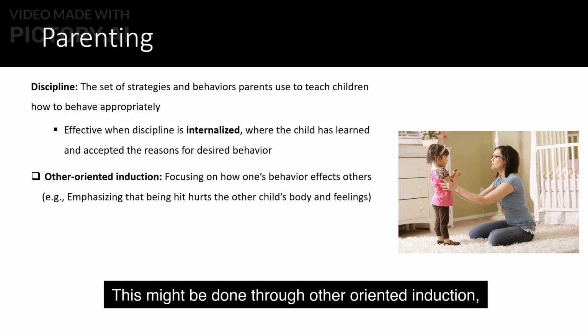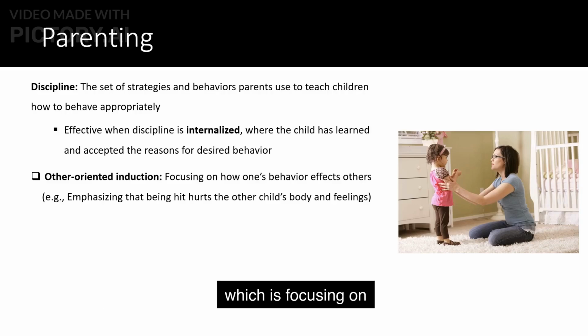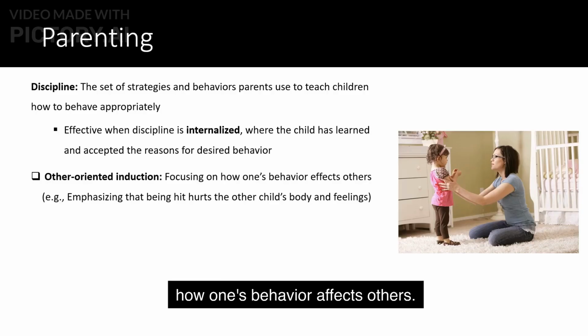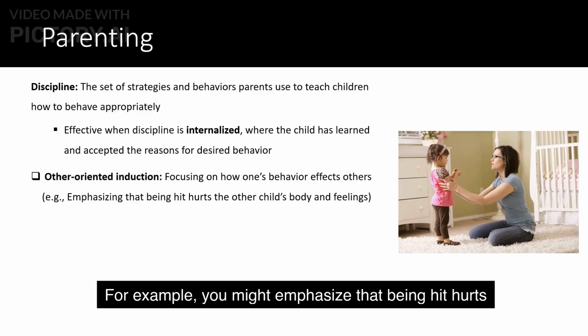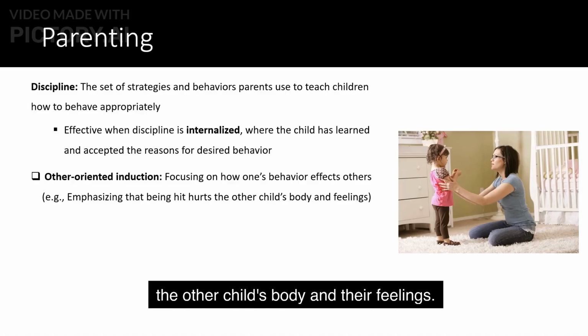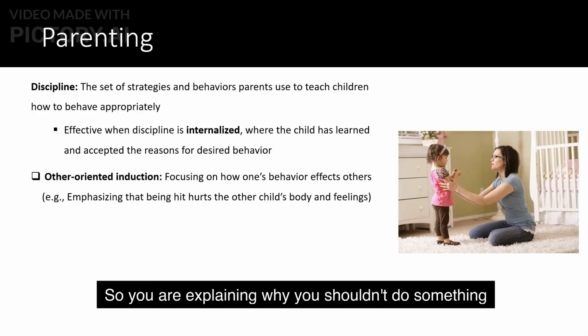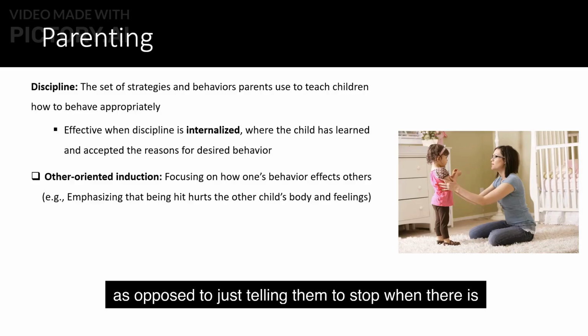This might be done through other-oriented induction, which is focusing on how one's behavior affects others. For example, you might emphasize that being hit hurts the other child's body and their feelings, so you are explaining why you shouldn't do something, as opposed to just telling them to stop.